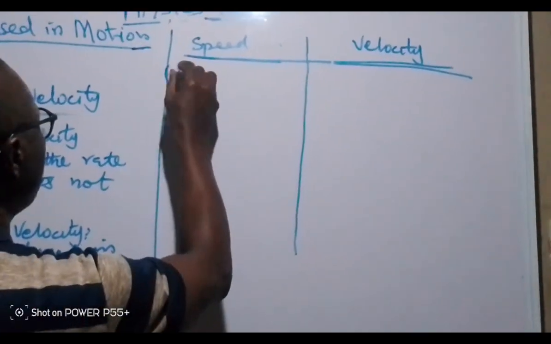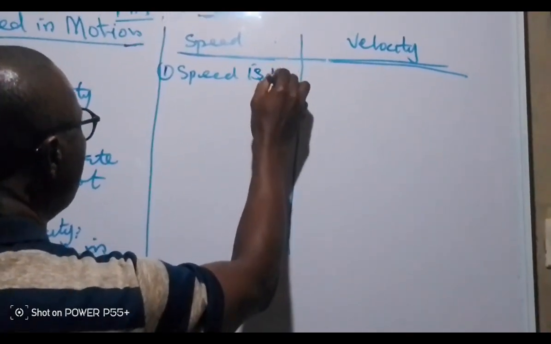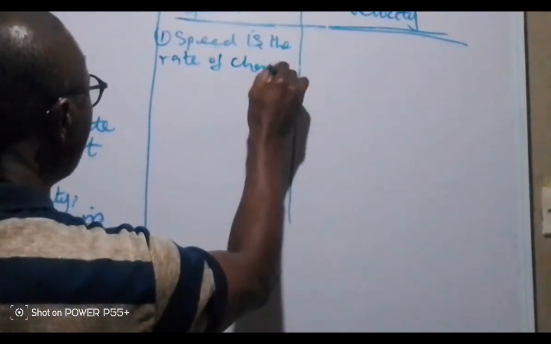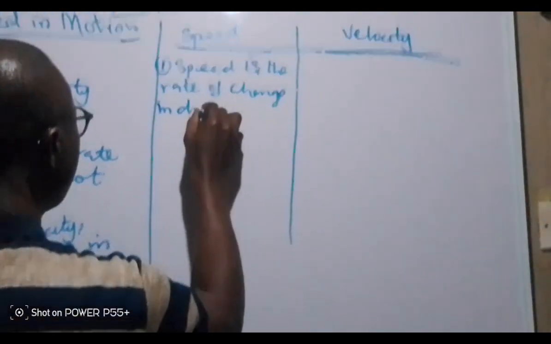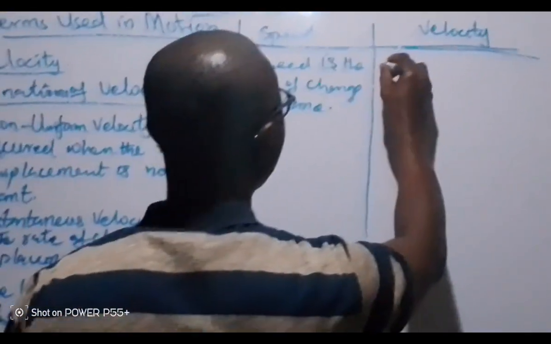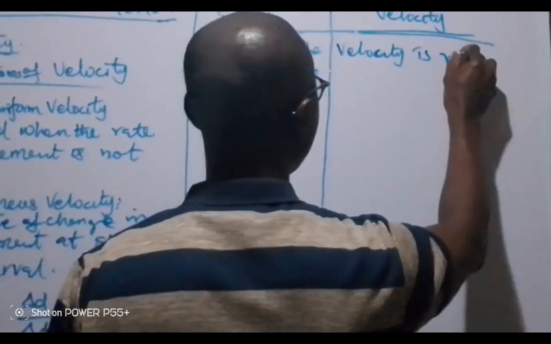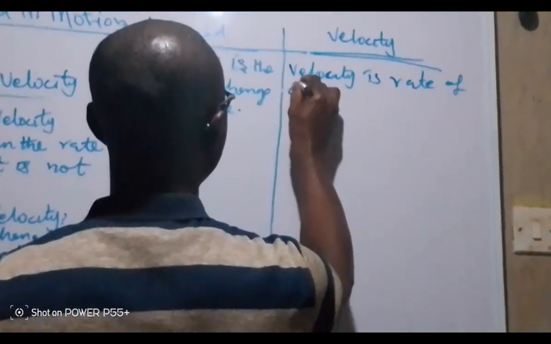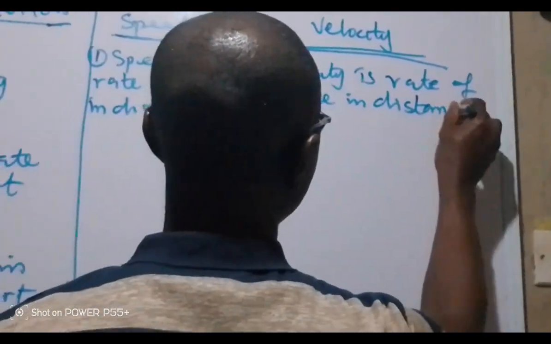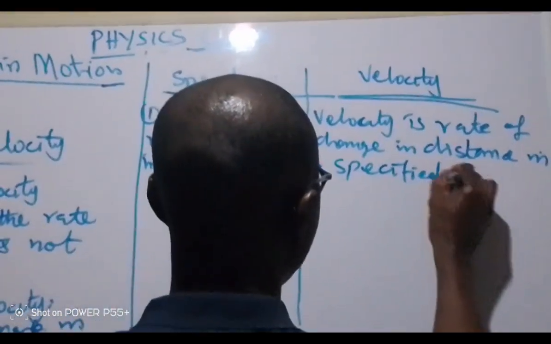Number one, speed is the rate of change in distance, while velocity is the rate of change in distance in a specified direction.